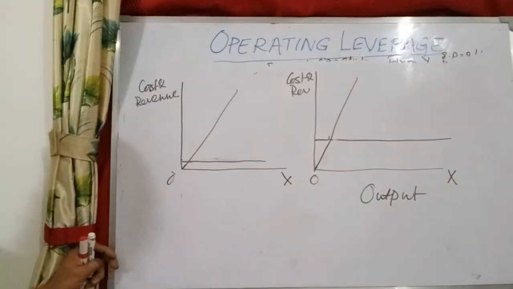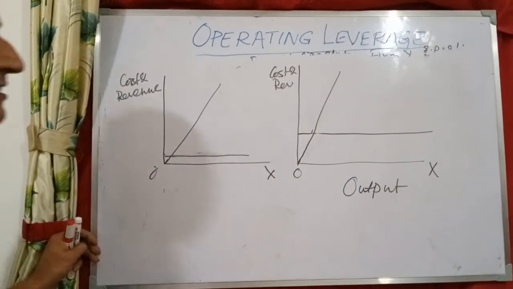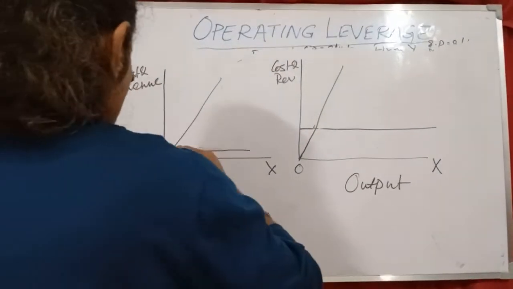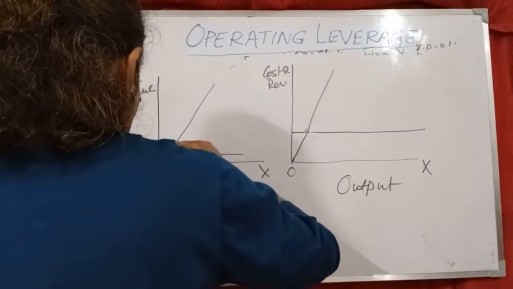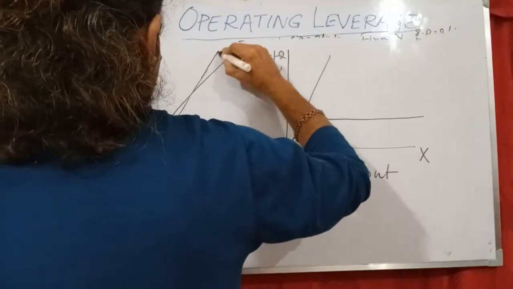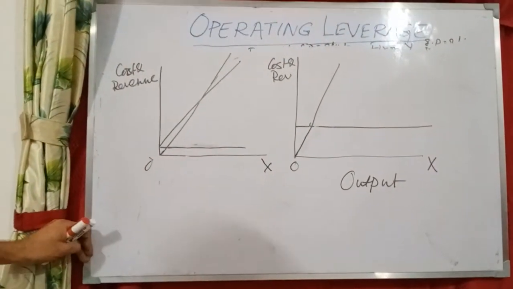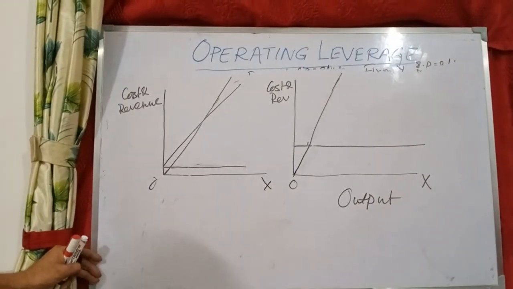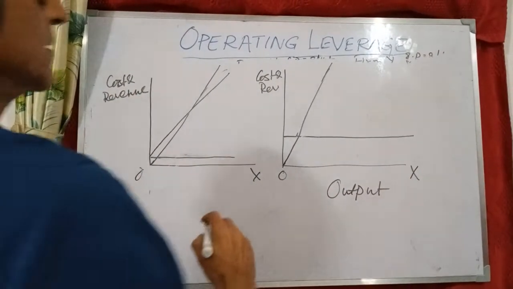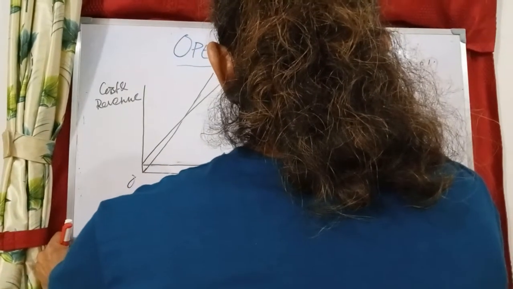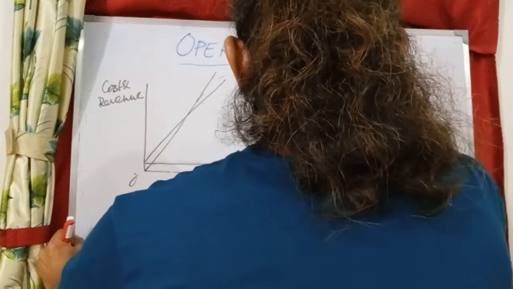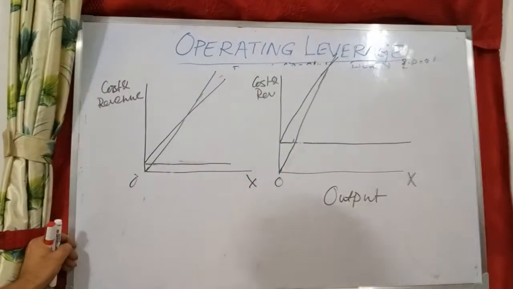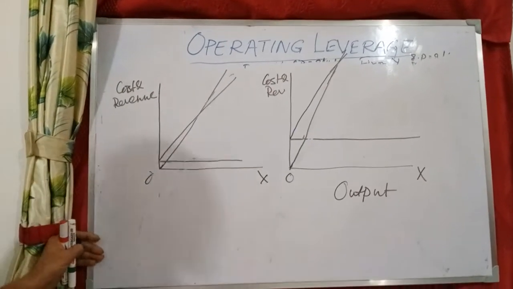Now for Farm X, variable cost is higher compared to Farm Y. So the variable cost line will be like this. And for farm Y, variable cost is lower. It will be like this, isn't it?